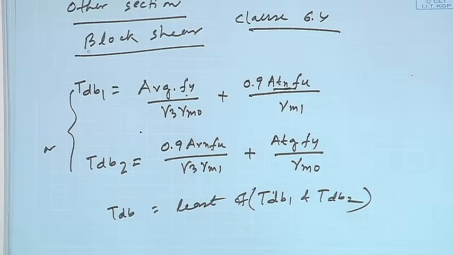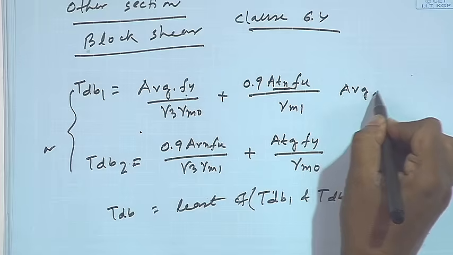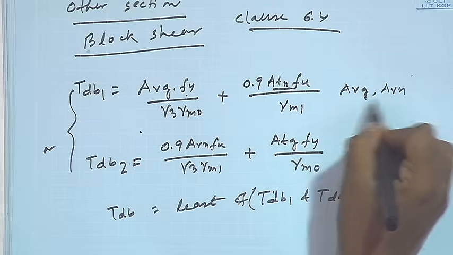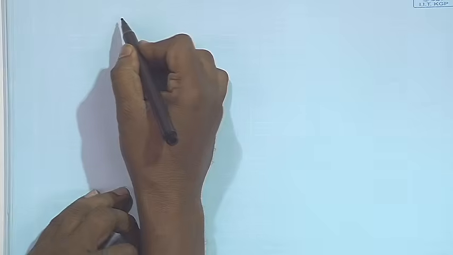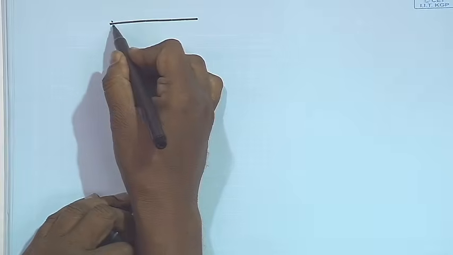Now, what are the parameters, AVG and AVN, what are these? Now, we have to know. So, to know this, let us draw a picture which I am reproducing from figure 7 of IS 800 2007.